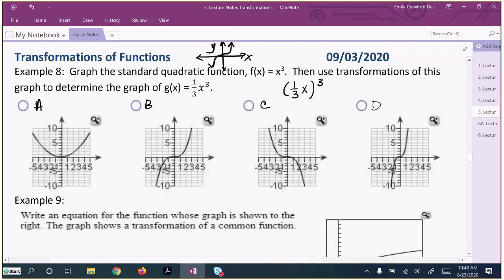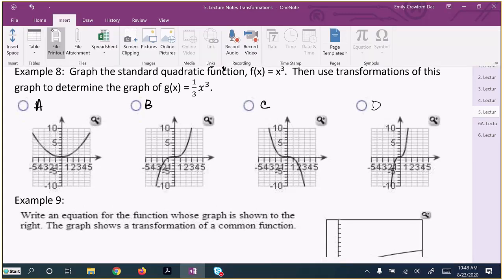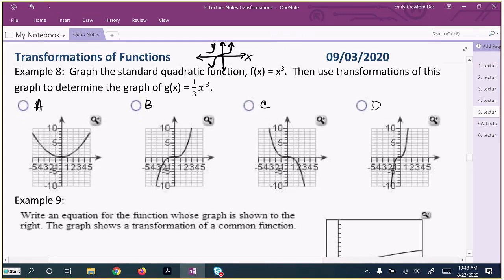Since I have a vertical transformation, the 1/3 is outside, so I could think of this as having parentheses here around x. Okay, so when we don't see any parentheses, we interpret this as the 1/3 is not being cubed. It's outside on its own, so that's a transformation of the y-coordinate.